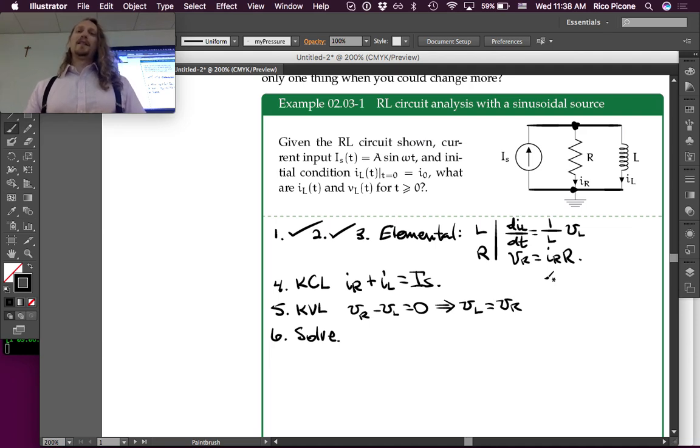They're going to be the voltage across the inductor, the voltage across the resistor, and the current through the resistor. And I'm going to, in step A, sorry. Step A is to rewrite our two elemental equations while eliminating two of the variables here.